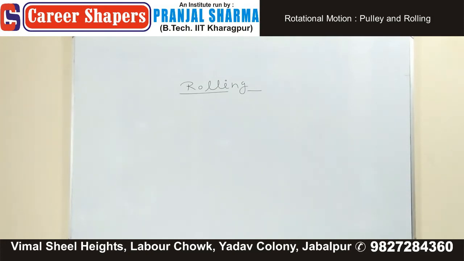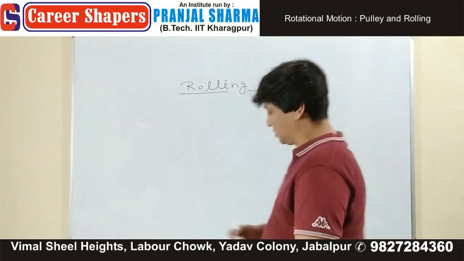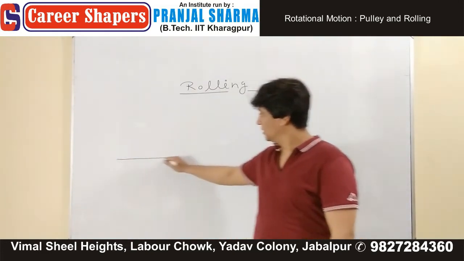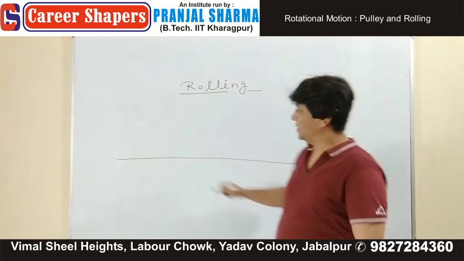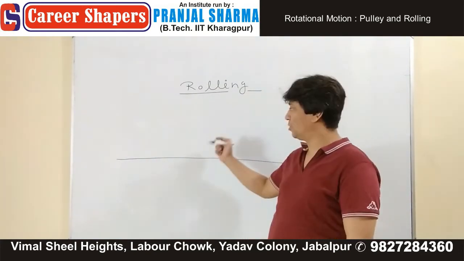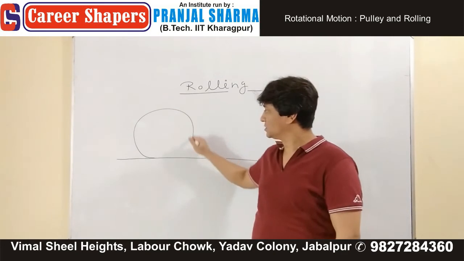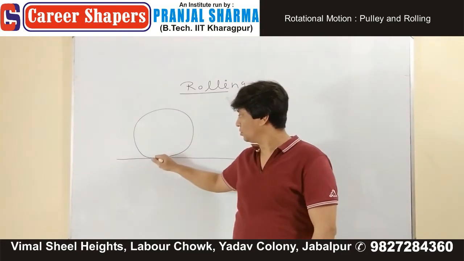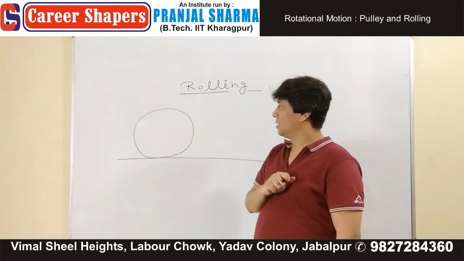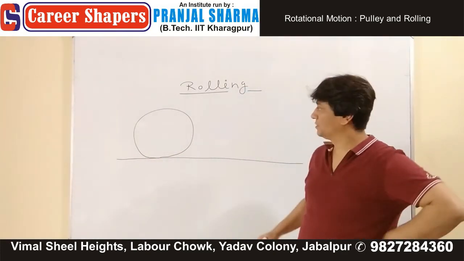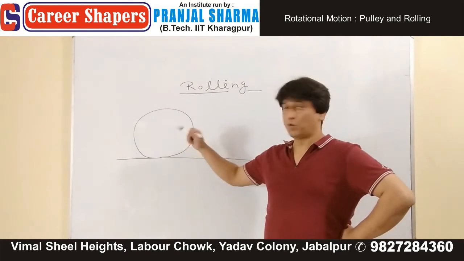Now, what is rolling? This is rolling. That's the ground or a surface on which your body is going to roll. This is what is going to roll: a wheel, a disc, a circle, a sphere, can be anything. So in rolling, what is present?